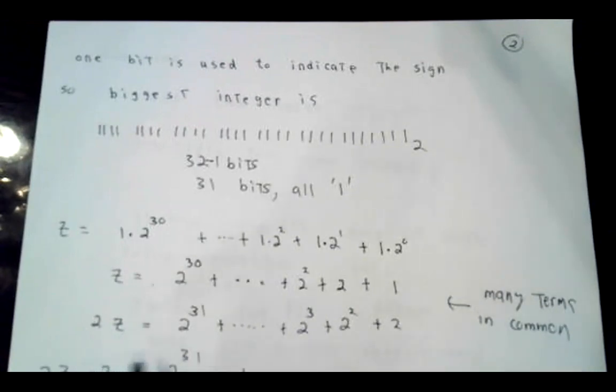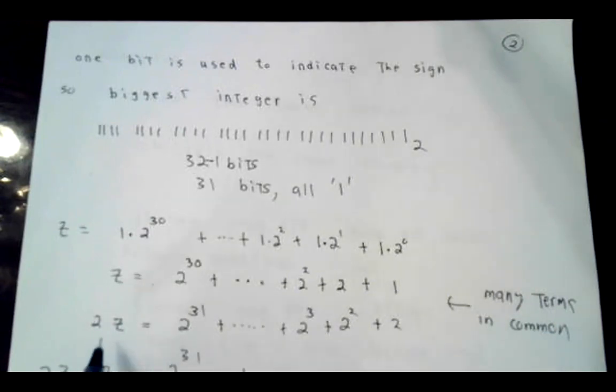So you'll have 2Z is 2 to the 31 power, plus 2 to the 30 power, which you notice is in Z, 2 to the 29, 2 to the 28, all the way down to 2, which is also in Z. You see that there are many terms in common.